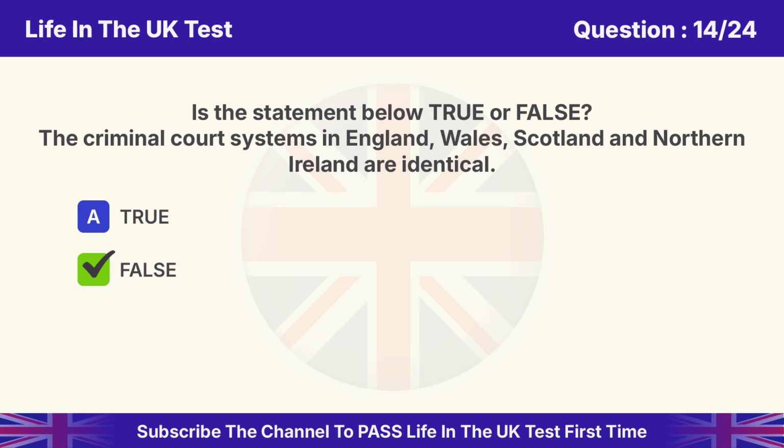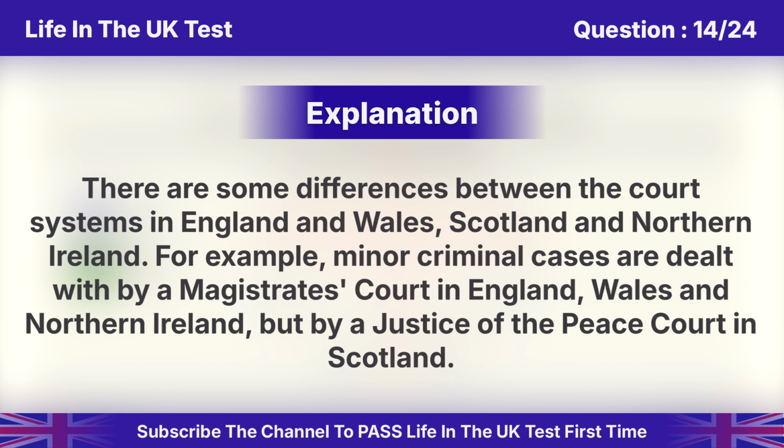Answer is B, false. There are some differences between the court systems in England and Wales, Scotland and Northern Ireland. For example, minor criminal cases are dealt with by a magistrates' court in England, Wales and Northern Ireland, but by a Justice of the Peace Court in Scotland.